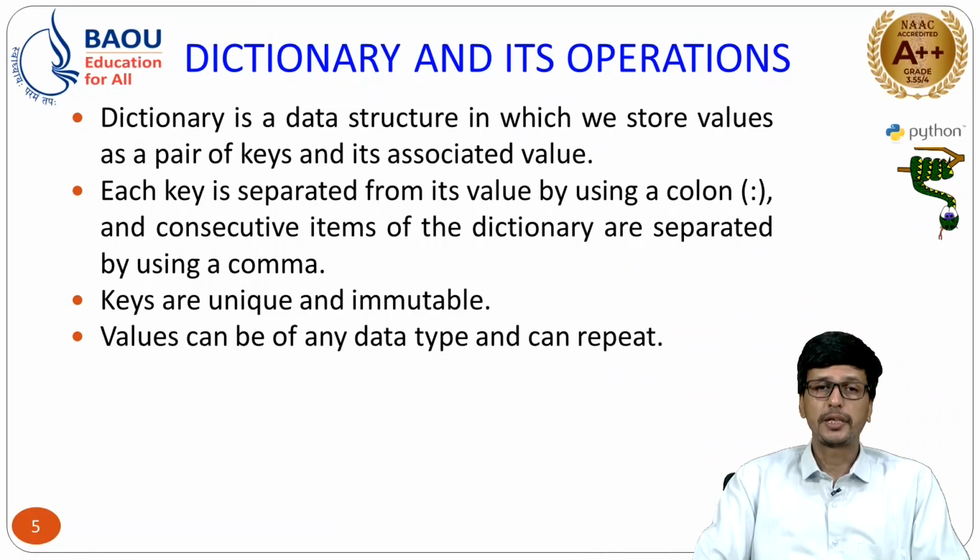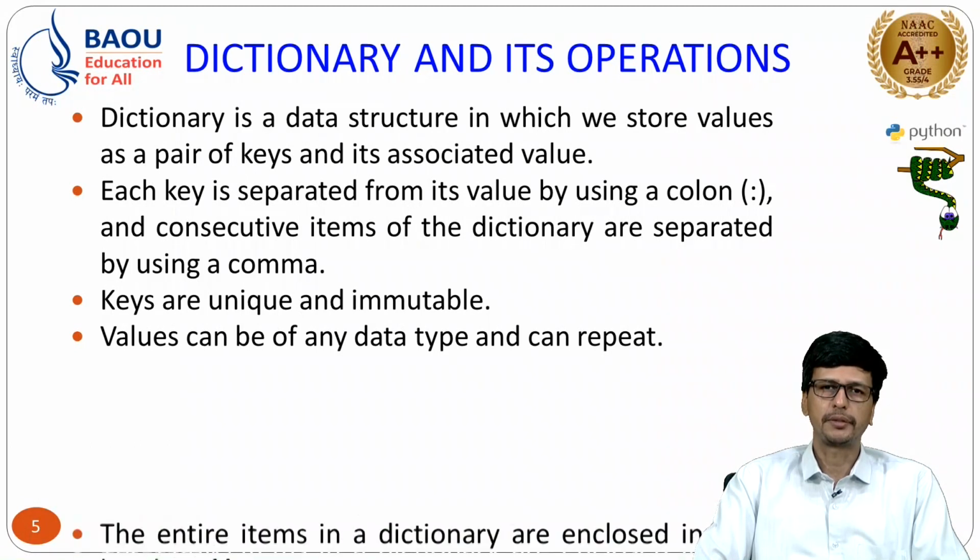But in the dictionary, if you want to access some value, you access it with the help of a key, and that key is in descriptive form, it may be in text format. Mind well that keys are unique, but the values can be repeated.